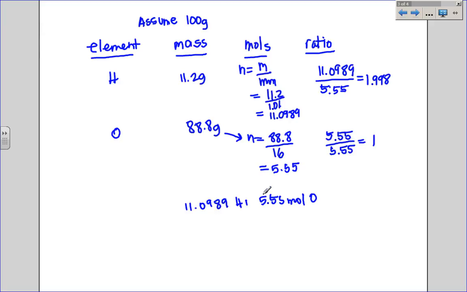And as you know, in math, if you've got a ratio and you do the same thing to both parts of the ratio, you haven't changed the ratio. You've changed the form of the ratio, but you haven't actually changed the ratio.